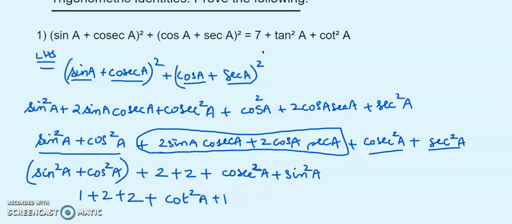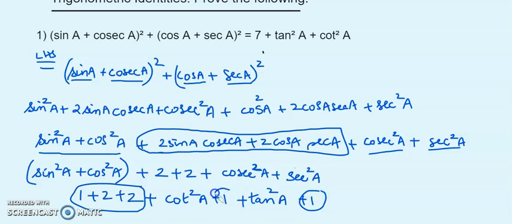And sorry, that was sec square a, mistake. And sec square a is tan square a plus 1. So you can see here 1 plus 2 plus 2 is 5, 5 plus 1 is 6, 6 plus 1 is 7. So we are getting 7 plus cot square a plus tan square a, which is our RHS. And we have proved it.